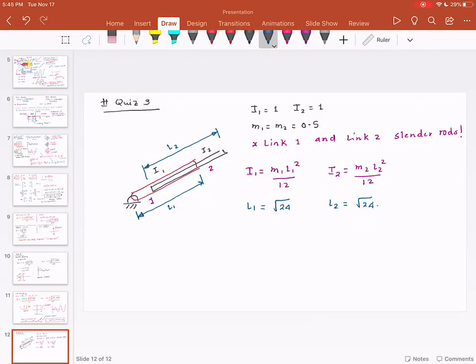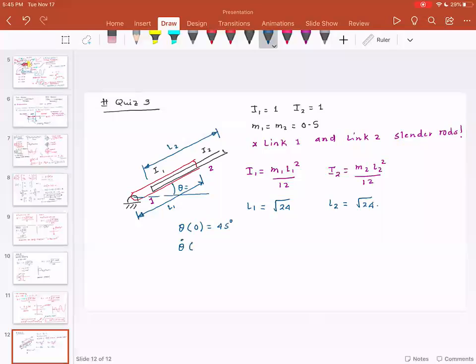Now, the next question is, the value of theta dot is given, and the value of theta 0 is given. Theta is this angle. Theta at time 0 is given as 45 degrees.